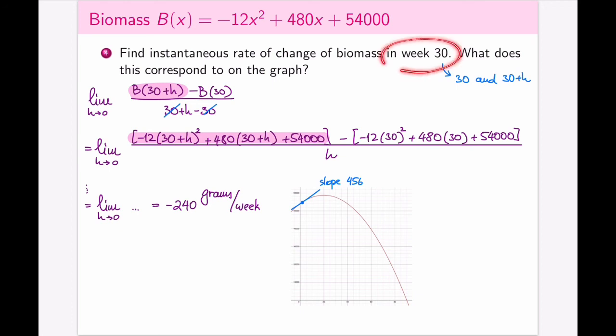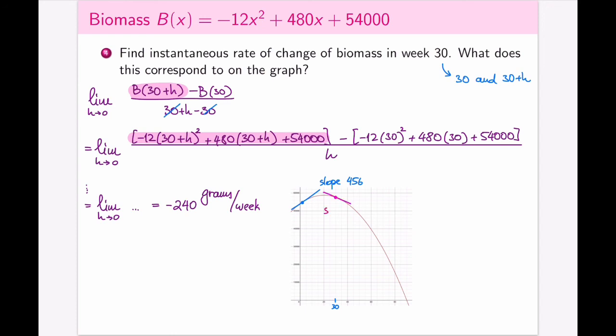Here I am calculating the instantaneous rate of change, which means the slope of the tangent line in week 30. So at point 30, which is halfway between 20 and 40, so this right here. And I notice that if I draw the tangent line here now, it's going to have a negative slope.